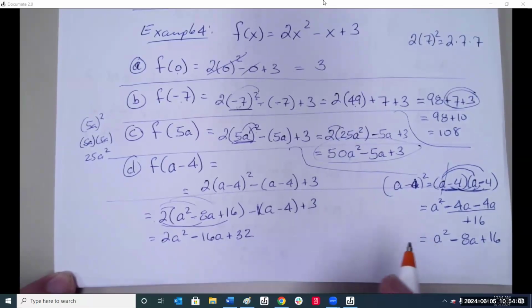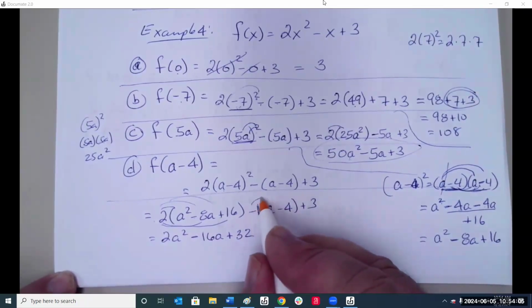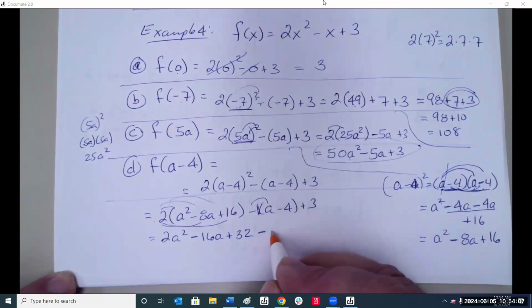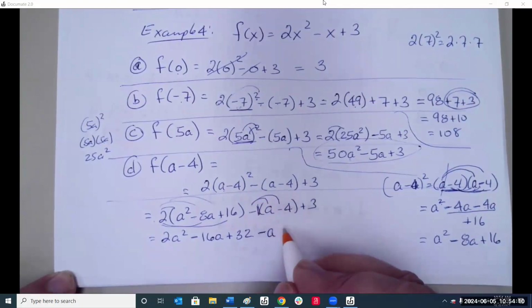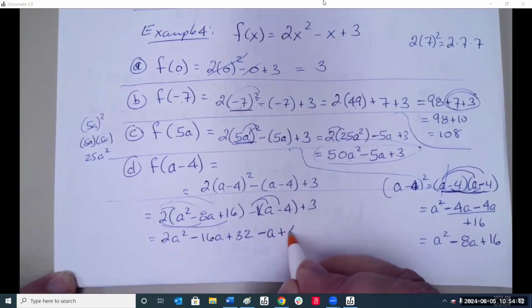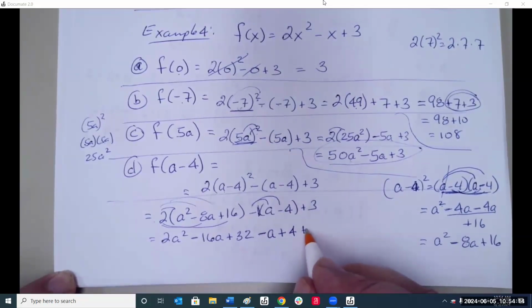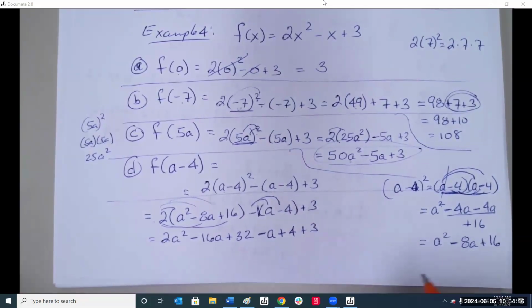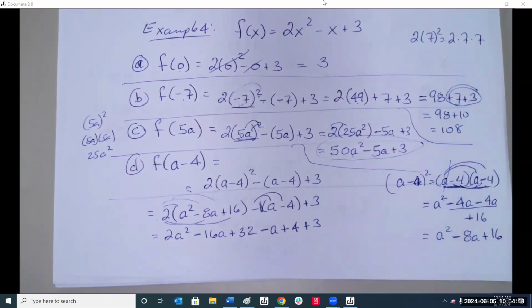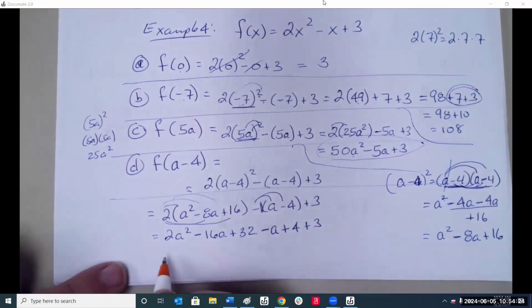If there's no number, it's always a 1. Negative times positive is negative a. Negative times negative is positive 4. Again, they do this in chapter 1, section 2. We haven't done all this stuff yet.